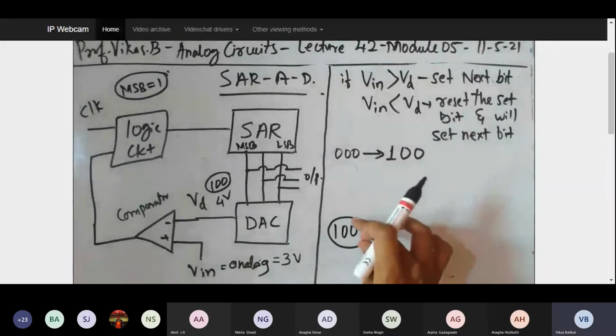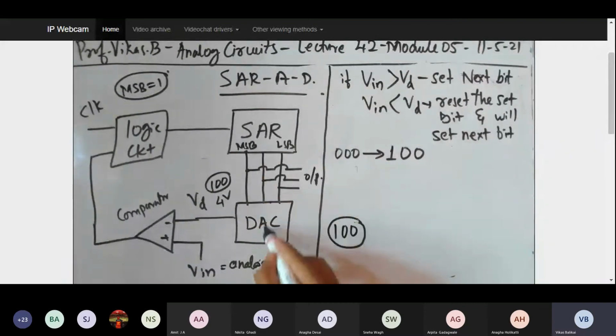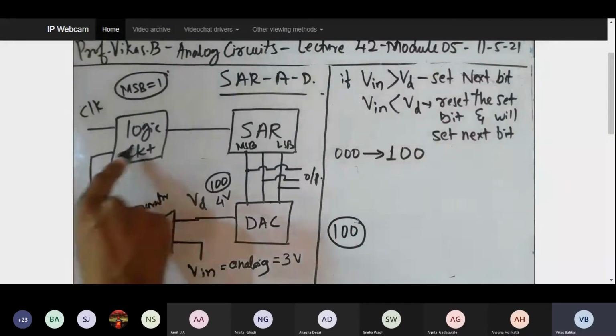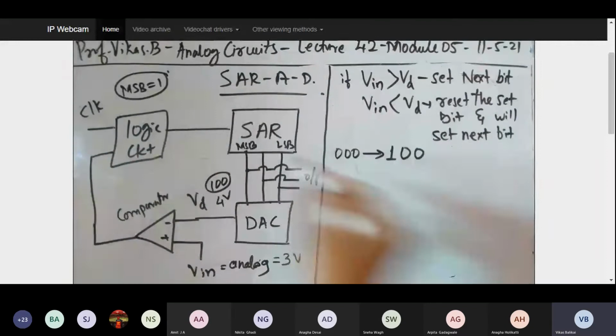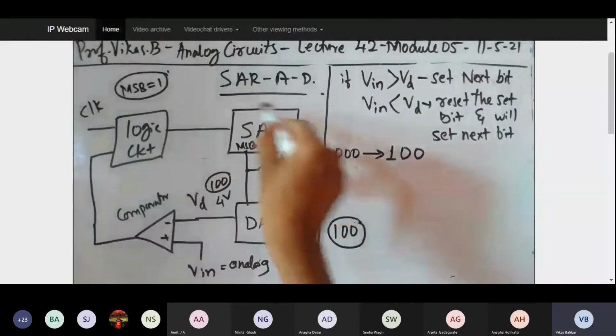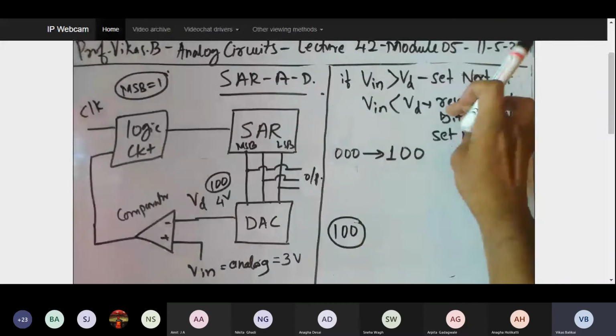Now whenever the bits coming from the SAR enter into the DAC, they undergo digital to analog conversion and reach the comparator, and in the comparator it is going to perform the comparison, and based on the comparison it is going to send the information to the logic circuit, and through the logic circuit in the SAR this is what is going to take place.